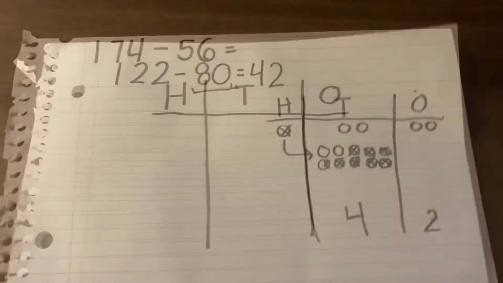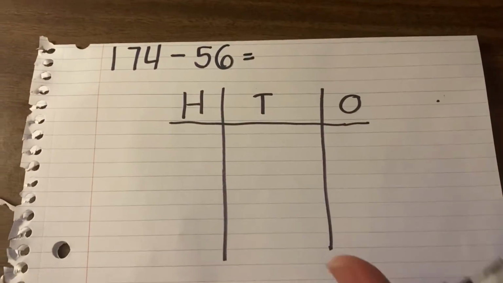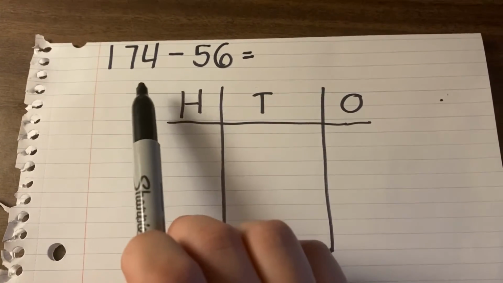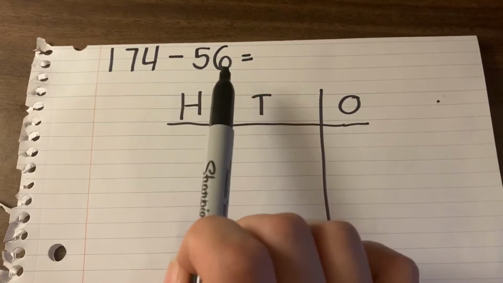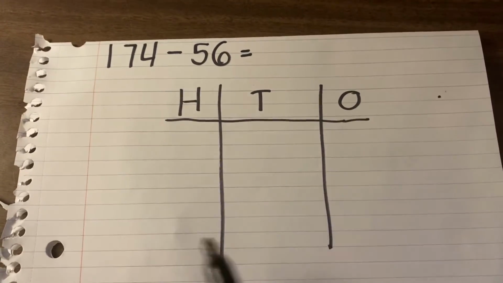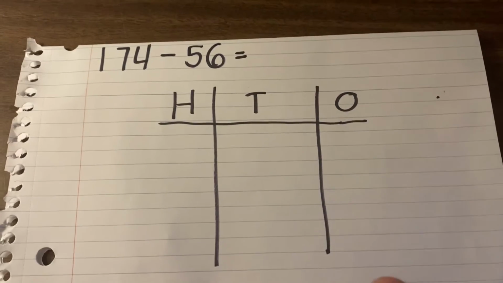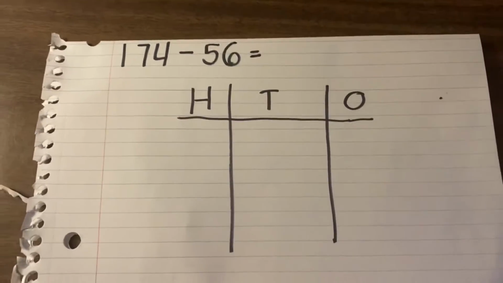Awesome. All right, so for this problem, we're going to work together. So the subtraction problem this time is 174 minus 56. Go ahead and draw this on your whiteboards and also draw out our hundreds, tens, and ones chart. I'll give you guys a few moments. Go ahead and pause the video if you need to.